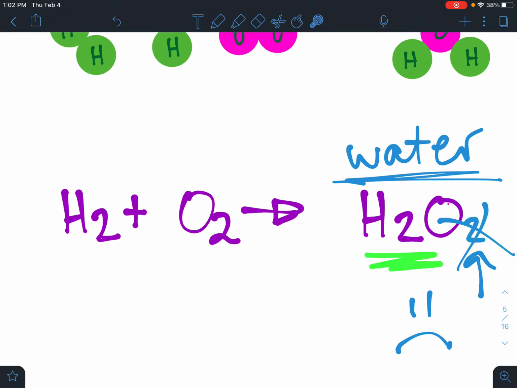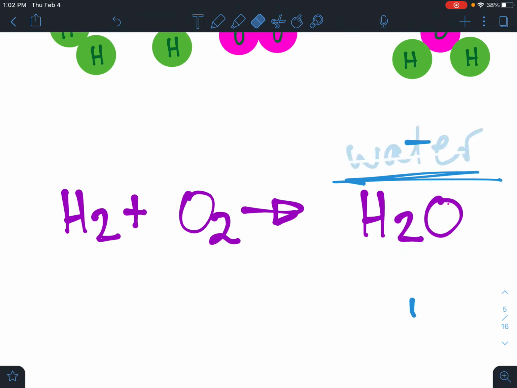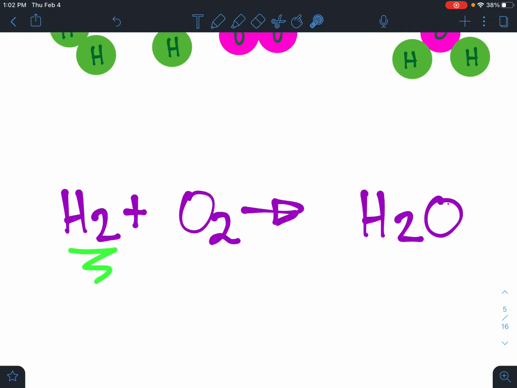We do have to keep the chemical formulas of the original substance. The only thing that we can do is change the coefficients out front of each substance. So if we have 2 hydrogens on the left and 2 on the right, and that looks good and balanced, and then we have 2 oxygens on the left but only 1 on the right, we would then have to put 2 as the coefficient in front of H2O.